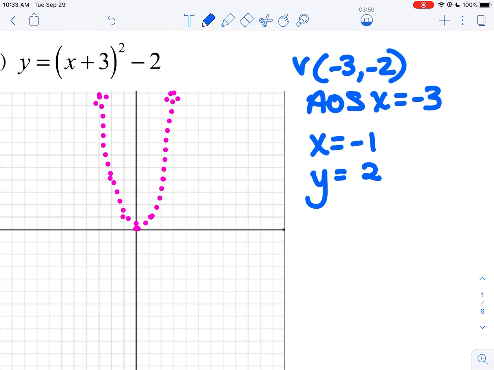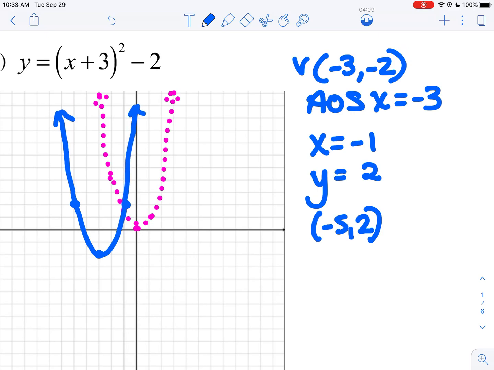If I have -3, -2, and then I have -1, 2, this is opening up, then I can use symmetry to get the other one right there. So that other one would be what? -5, 2, okay? And so what's really neat that you can see here is that this is literally left 3, down 2.